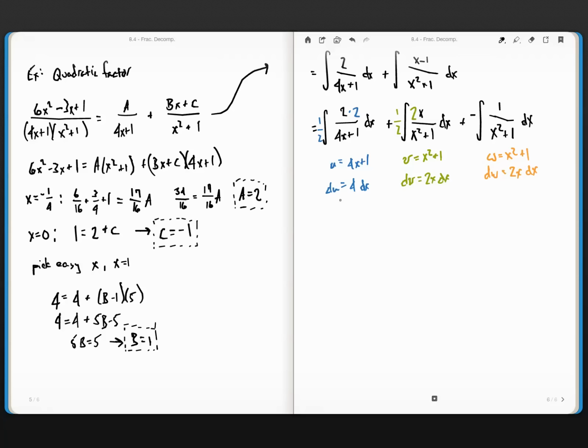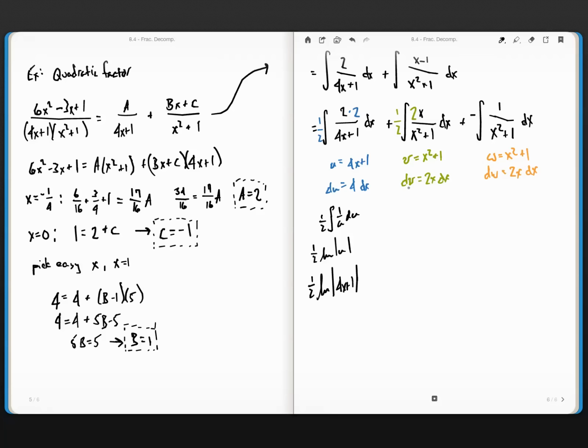And so this becomes 1/2 the integral of 1 over u du, which equals just natural log of u, and so that really becomes 1/2 natural log of 4x plus 1.